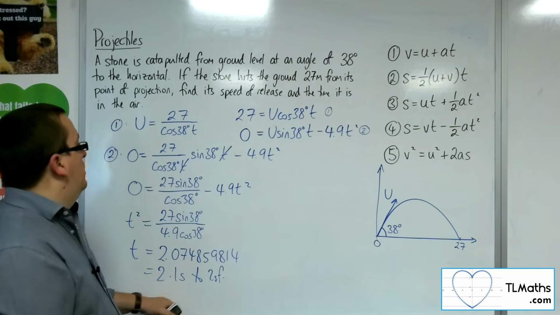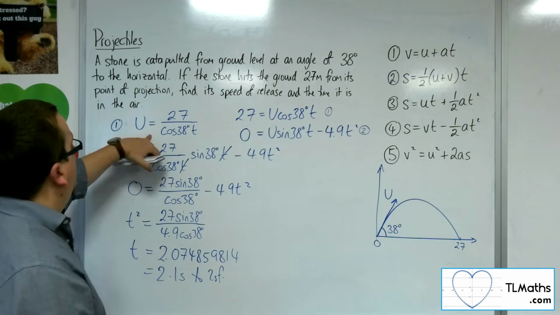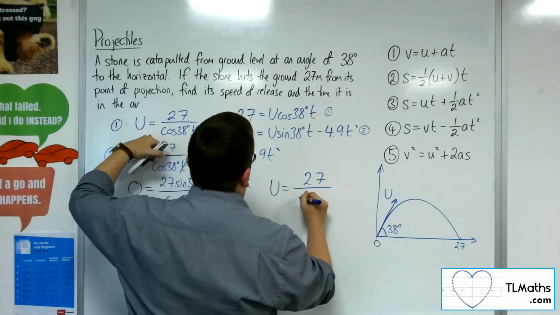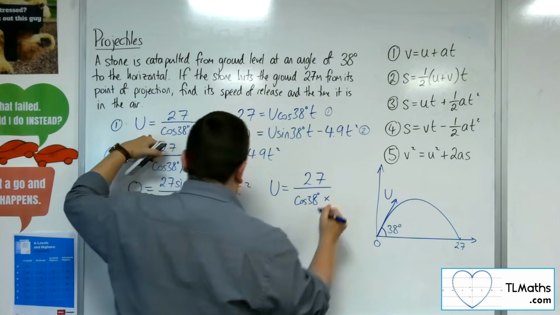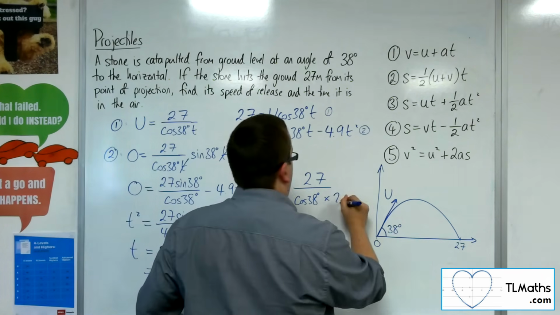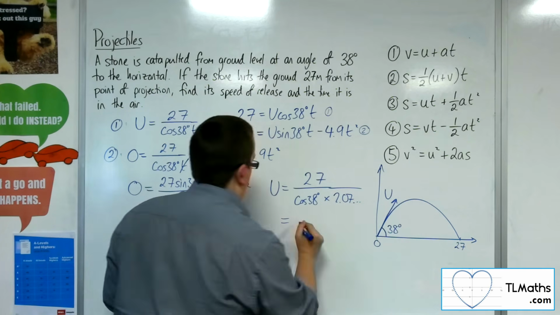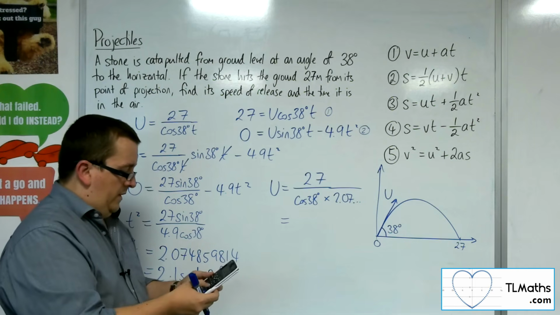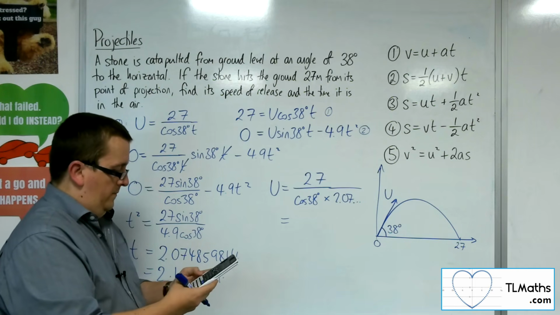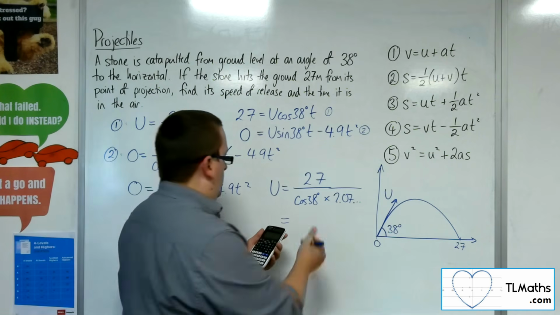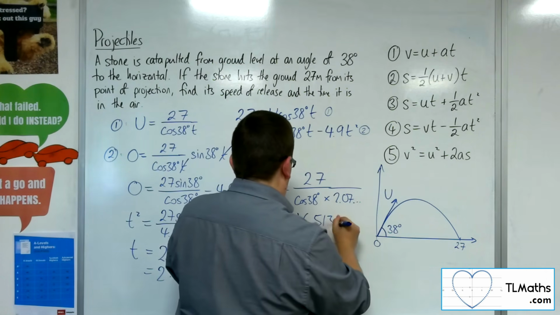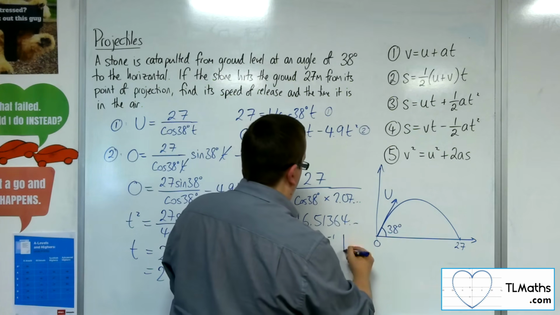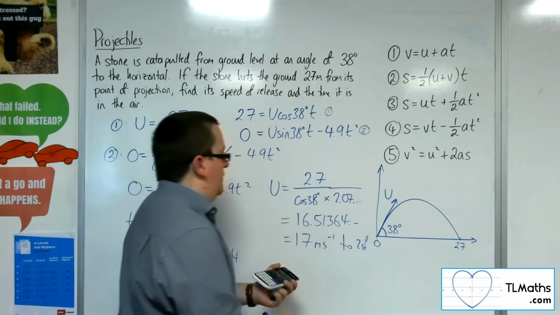Now, as for the speed of release, I can substitute that into this equation. So u is equal to 27 divided by cosine 38 degrees times the 2.07, etc. So 27 over cosine 38 times the answer is equal to 16.51364, etc. So 17 meters per second to two significant figures.